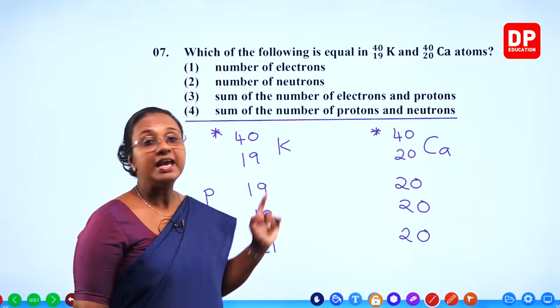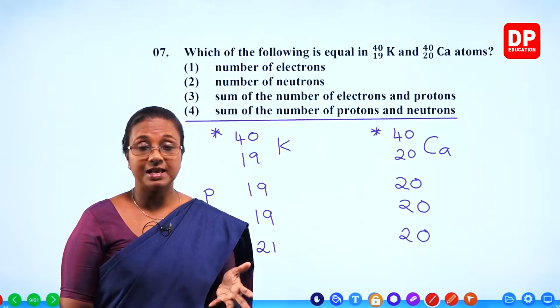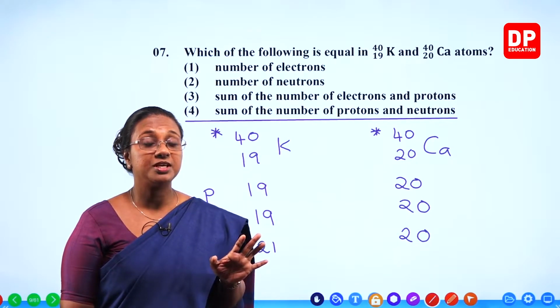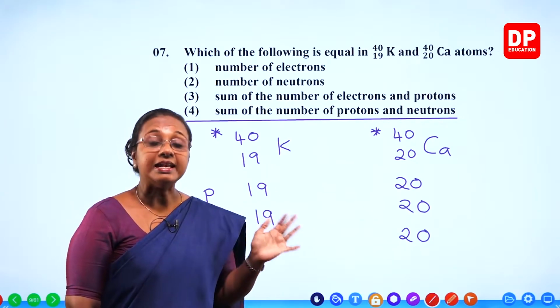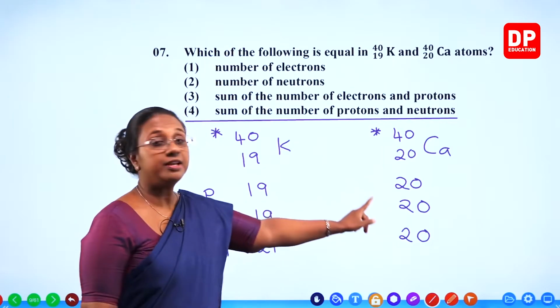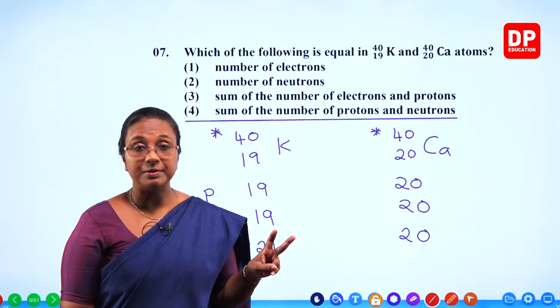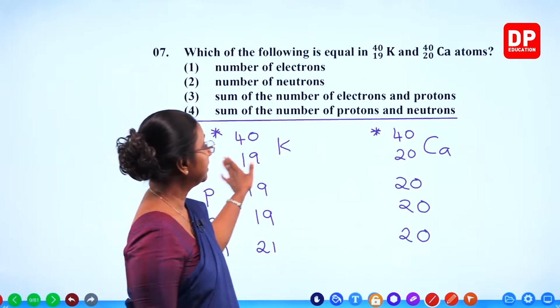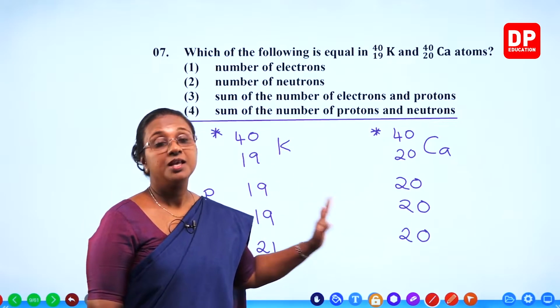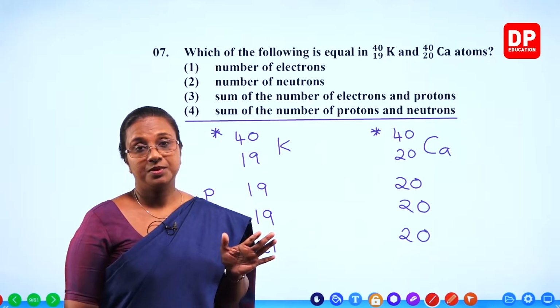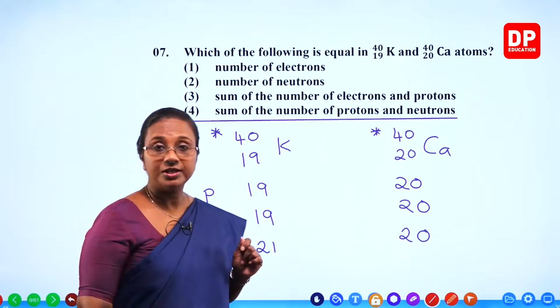Both are 40 and that is actually their mass number. So you have to remember, students, like I told you all, atomic number is unique for different elements. So you cannot have two elements with the same atomic number. But mass number can be the same. That you have to remember. So with that, I'll move on to the next question.